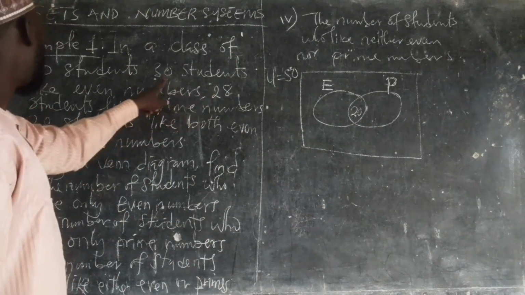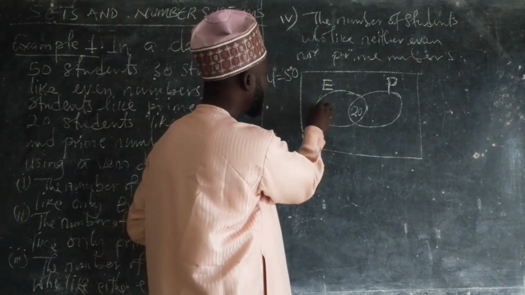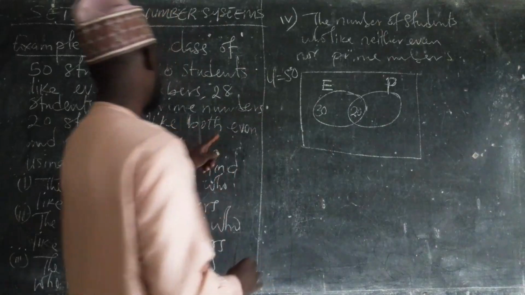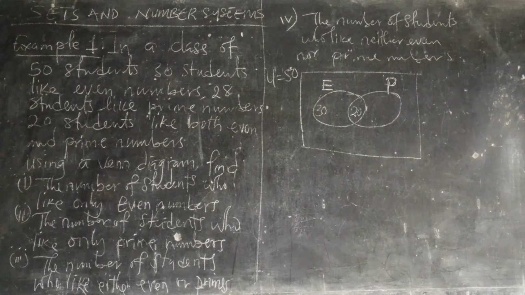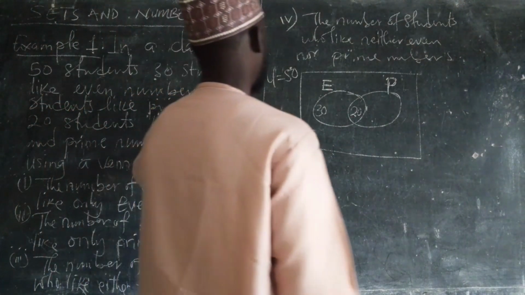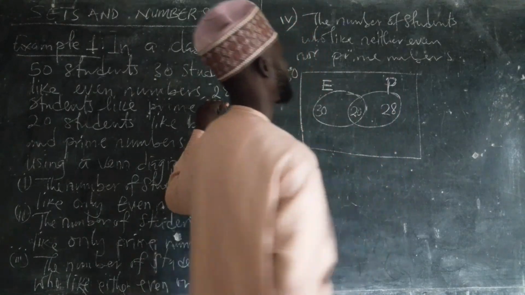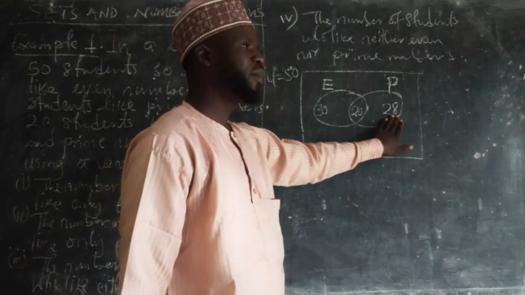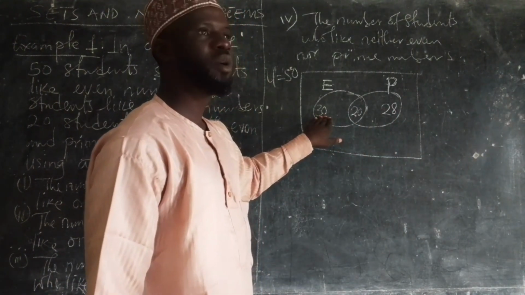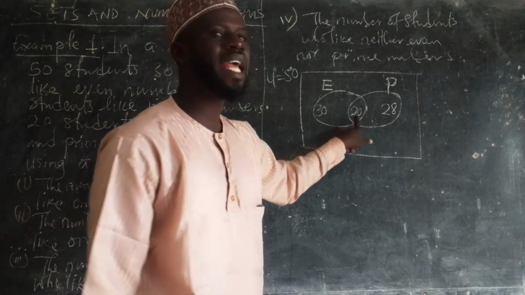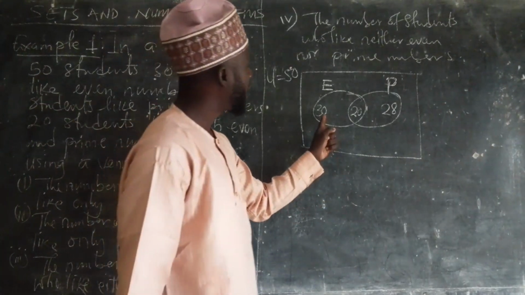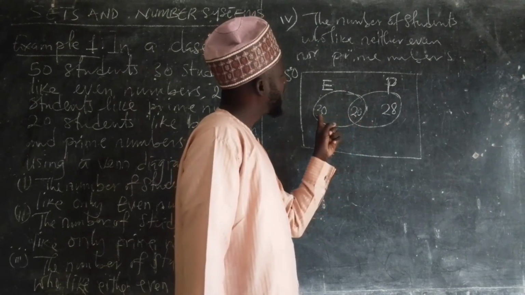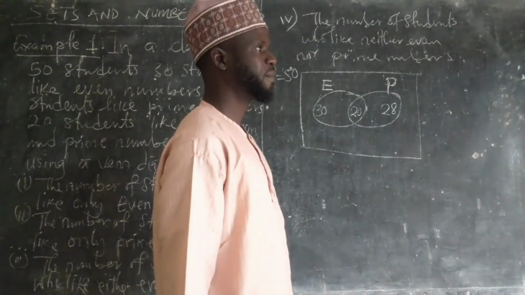These ones like prime numbers, these ones like even numbers, but there are 20 that like both of them. Meaning among these 30, there are those 20 that still like even numbers.